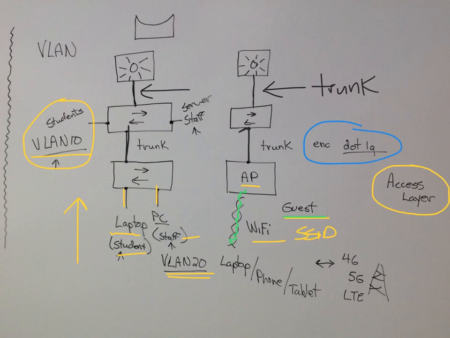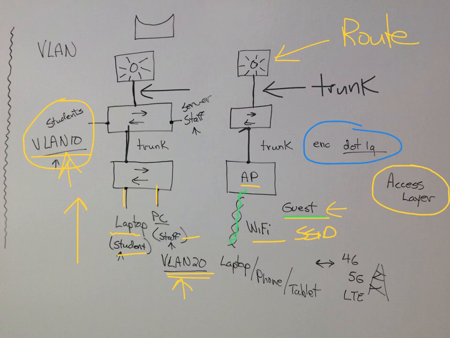When they get into the multi-layer switch, in there, we can route between VLANs, because each VLAN is on its own network. VLAN 20 would be on a different network than VLAN 10. Like over here, the guests are on a different network than other traffic connecting in. So we can route between VLANs.